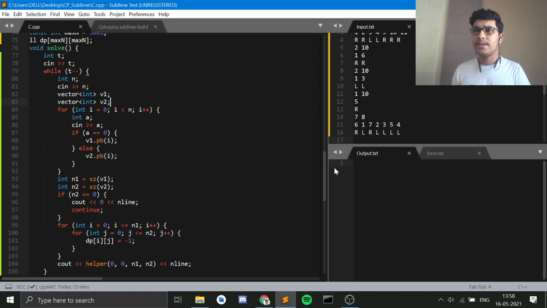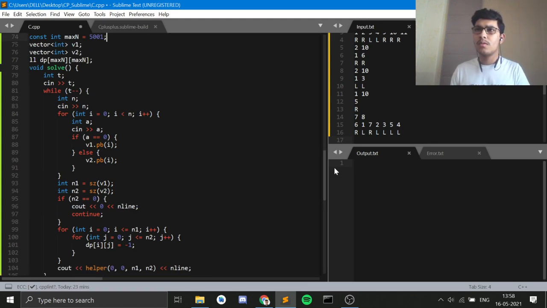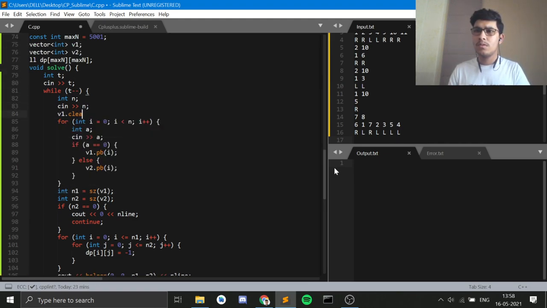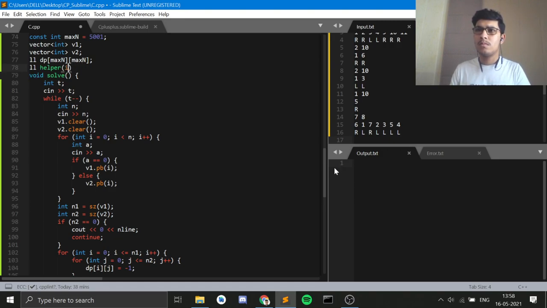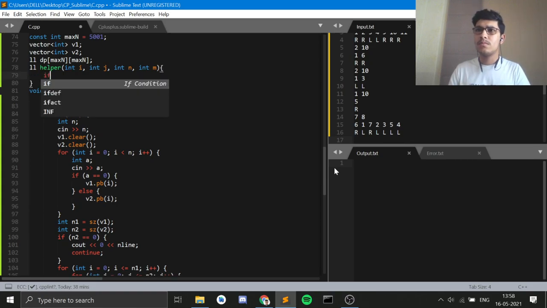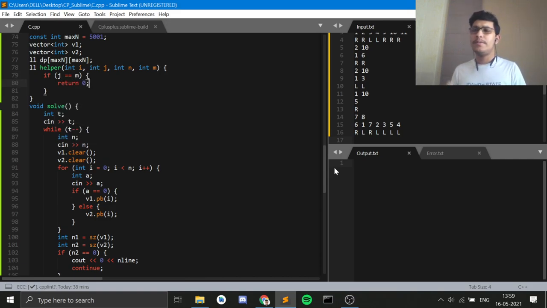Okay, I also need to pass in these vectors, so I can maybe make them global. If j equals 0, that means I have used all of these occupied ones. So return 0 in that case.